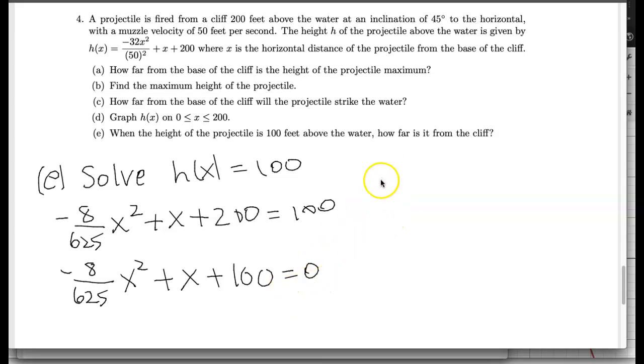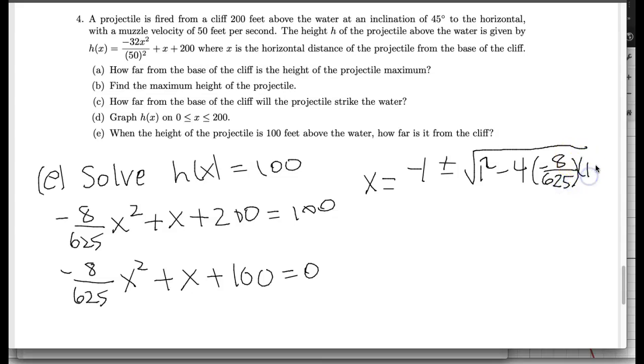Then again, we'll use the quadratic formula. x equals negative 1 plus or minus the square root of 1 squared minus 4 times a times c, all over 2 times negative 8 over 625.